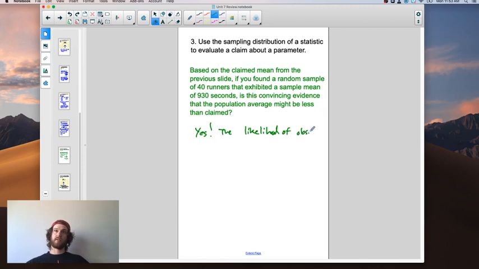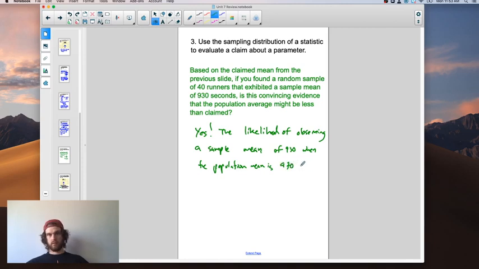of observing a sample mean of 930 when the population mean is 970 and the standard deviation is 30.